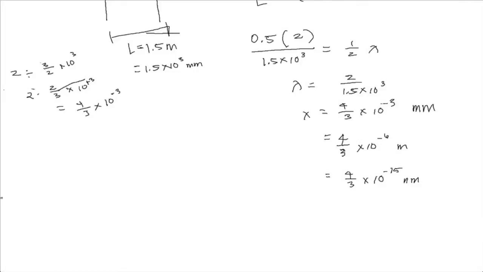Show me on paper how you would go from meters to nanometers. How many nanometers are there in a meter? 10 to the 9. Oh, yeah, okay, 10 to the 9. It looks like a 7. All right. Now write that as an ordinary number, without the scientific notation. Well, okay, so 4 divided by 3.